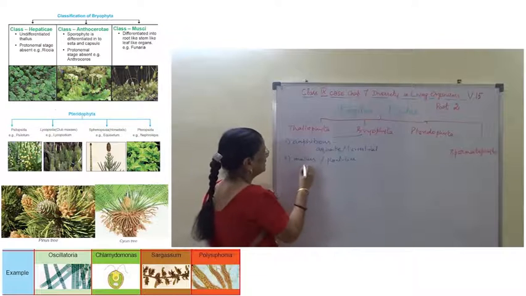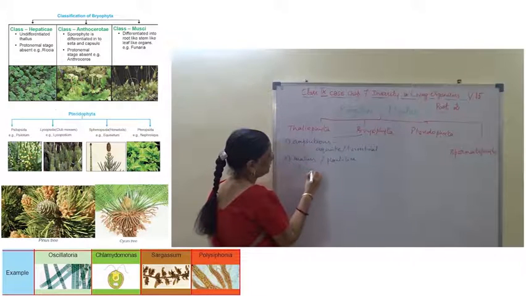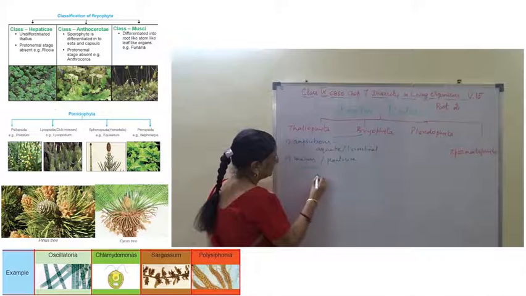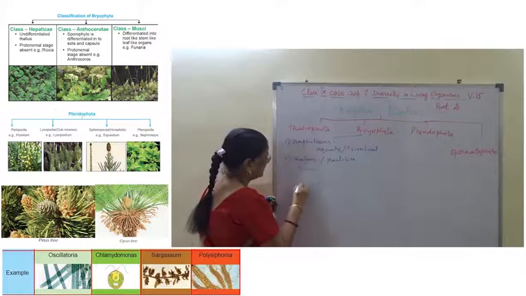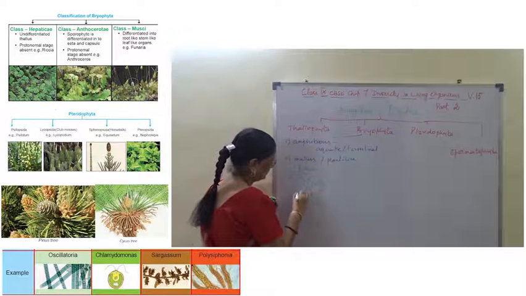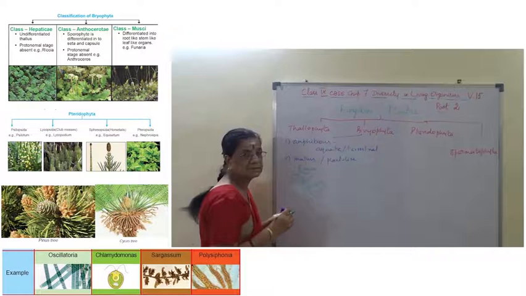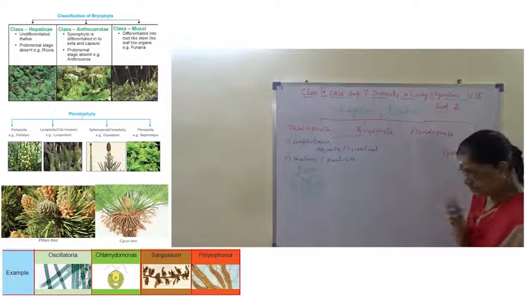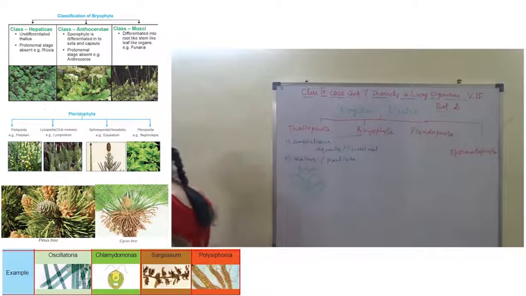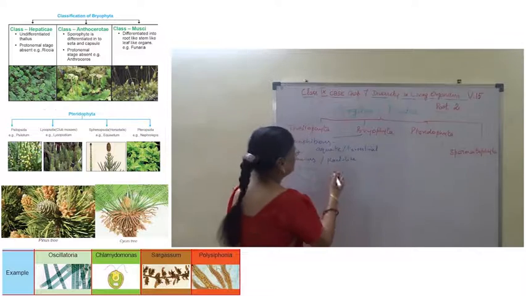Thallus, example Riccia, structure like this. A rosette of appearance. This is the Riccia thallus. I hope you could follow this. Whereas plant-like is Funaria.